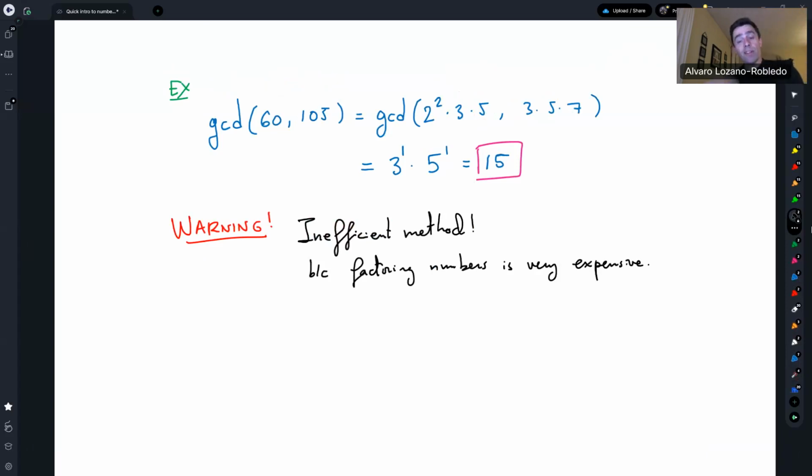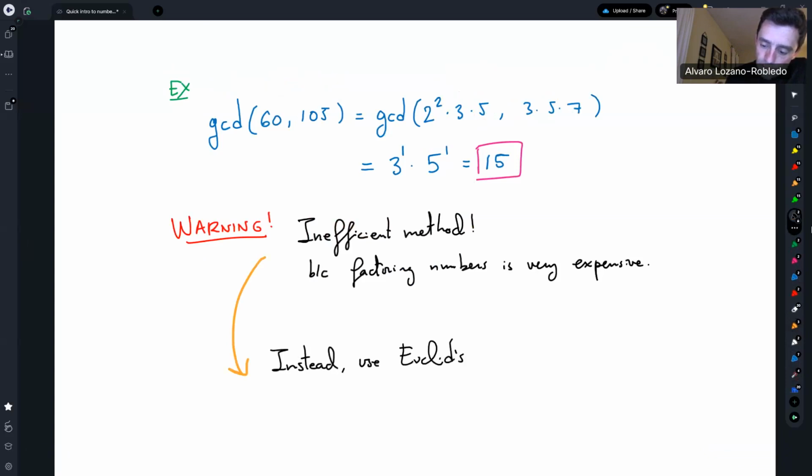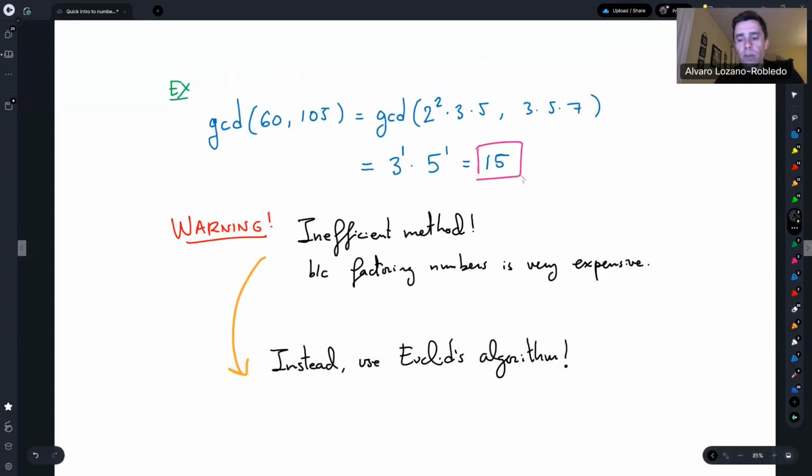And in fact, it's so expensive that several of the cryptographic methods that I'll discuss later on actually depend on factoring being expensive and factoring being hard in general for a very large number. So instead, use Euclid's algorithm. So that's what we will do next in the next video. So I'm going to stop here. In the next video, we'll do Euclid's algorithm and Bezout's identity.